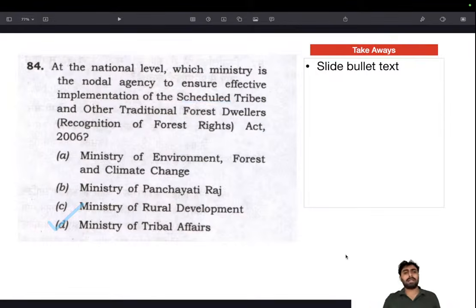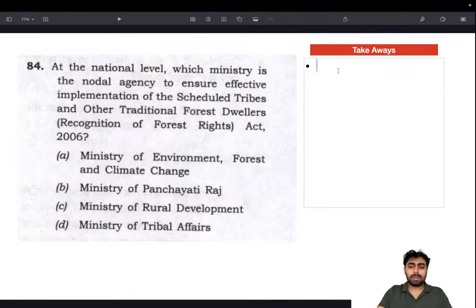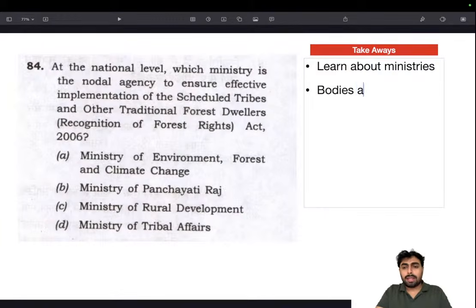Just develop a logic, or just have an idea about questions like these and ministries. I think last week also, I told you about learning about ministries, especially the confusing ones, and bodies attached to these ministries.